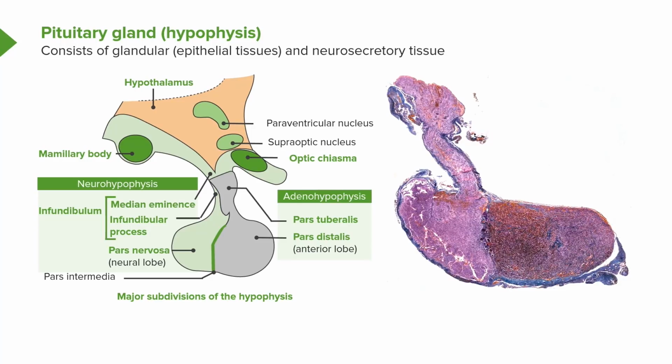And as you can see in both these sections, the histological section on the right and the diagram on the left, the pituitary gland is connected to the brain, to the hypothalamus, through a structure we call the infundibulum. That's a very important connection because the hypothalamus influences the secretory nature and products coming out of the pituitary gland.